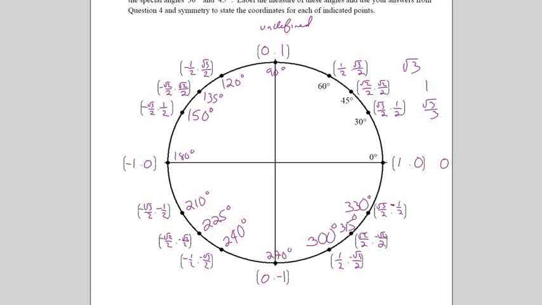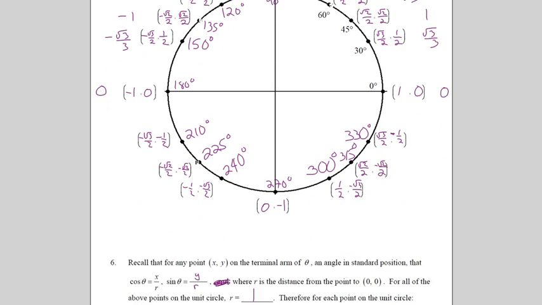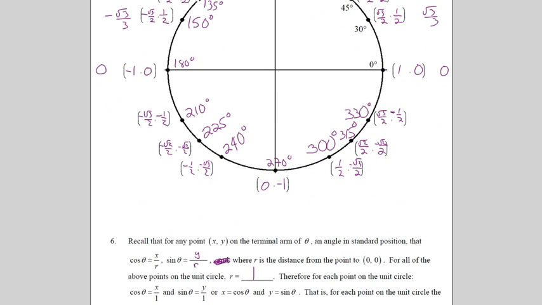Okay, and then the rest are just, again, symmetrical, except this will be negative root 3, negative 1, negative root 3 over 3, negative 1 divided by 0, then 0, y over x. 0 divided by negative 1 is 0. Negative divided by a negative is positive.